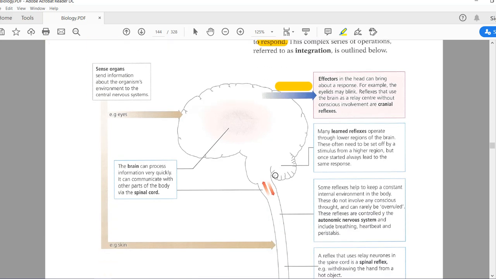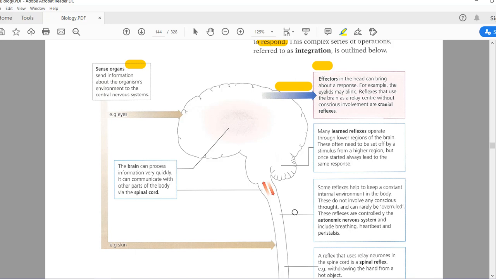If you look at this diagram, it shows the process of integration, or how the CNS connects things together, combines things together to do a specific function.